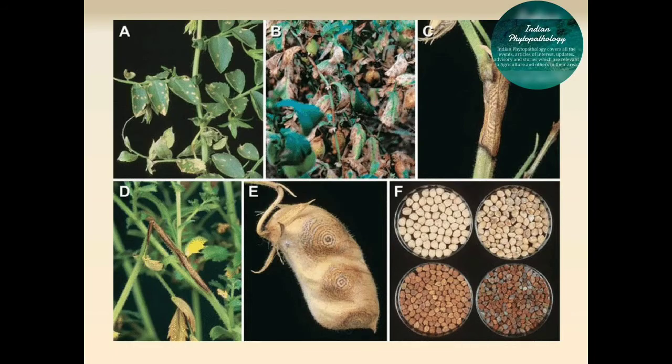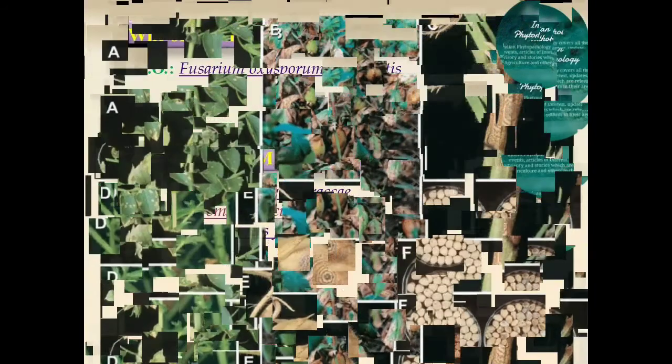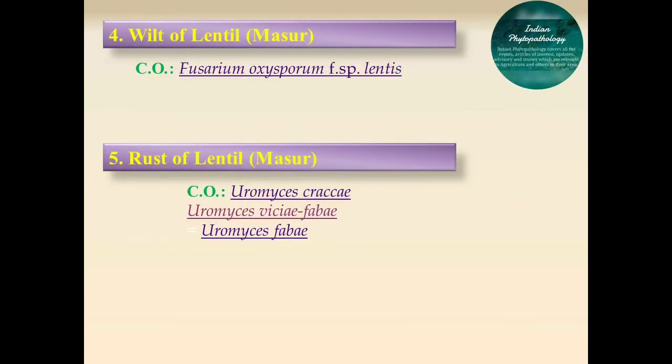Now we will see the next crop, that is lentil. In lentil, there is a common disease, that is wilt, and its causal organism is Fusarium oxysporum forma specialis lentis.